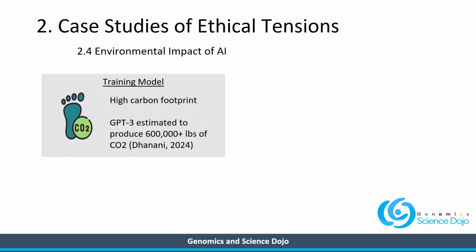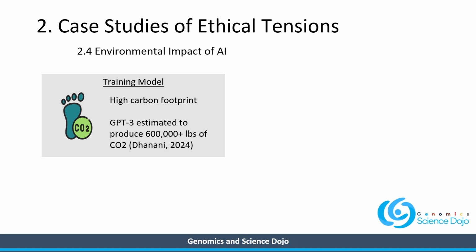And lastly, I also want to highlight the environmental impact of AI, because I feel like these are not well discussed. Generally, when you are creating training models for AI, there is a huge carbon footprint involved.